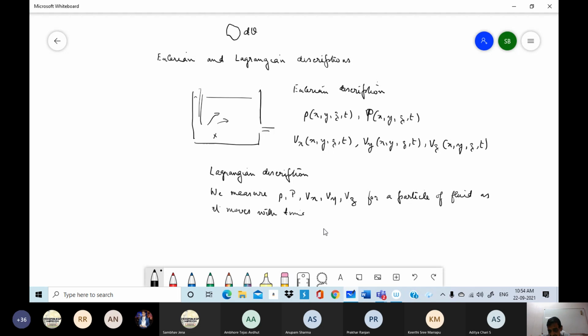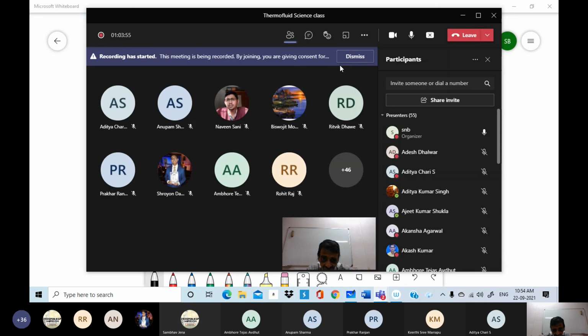We only bother about the future position and velocity of the different particles. But if I talk of a velocity field, I have velocity at various positions and at various instants of time. In that case, this description does not guarantee conservation of mass. So conservation of mass is also something we'll have to impose.